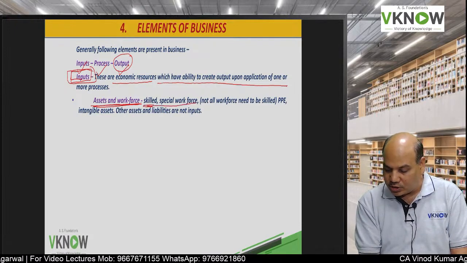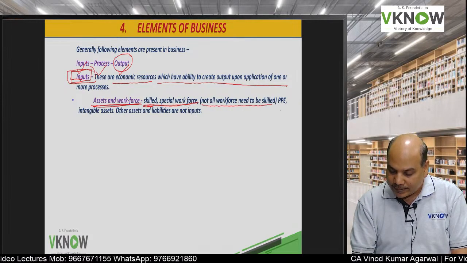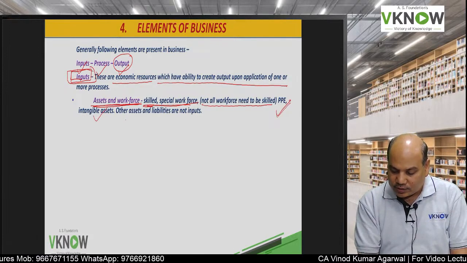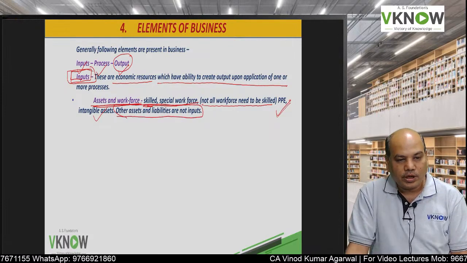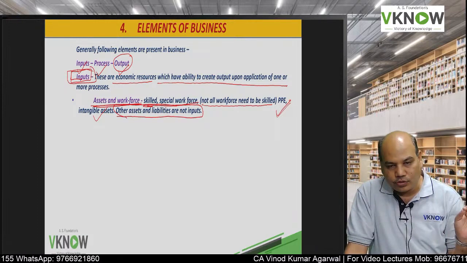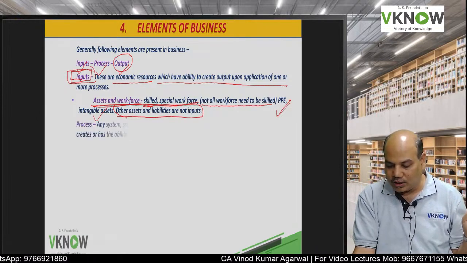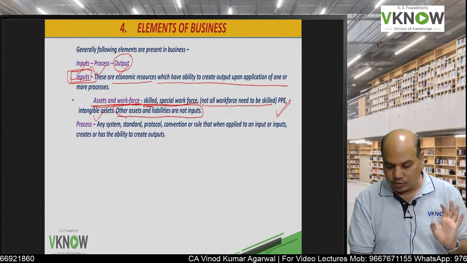Skilled and special workforce are included, though not all workforce need to be skilled. Assets will include PPE and intangible assets. Other assets and liabilities are not inputs.